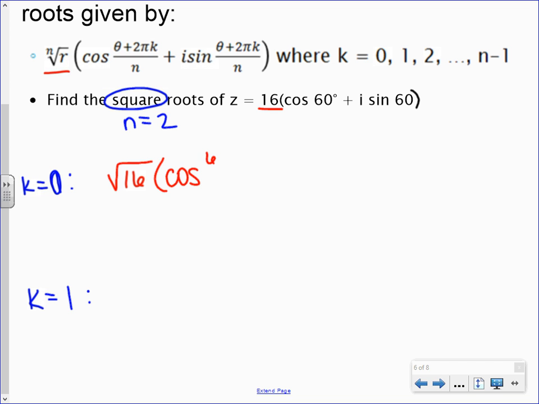So we're going to take our angle plus 0 over n, which is 2. Okay. I like to save room. All right. So instead of writing this all out and then reducing that fraction in another step, we know these two angles are the same. What's 60 plus 0 divided by 2? 30 degrees.